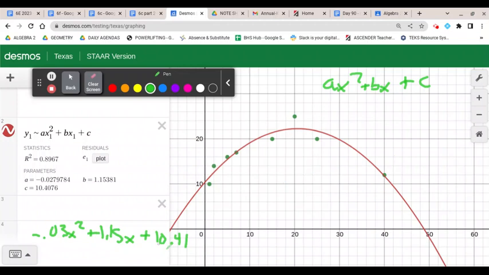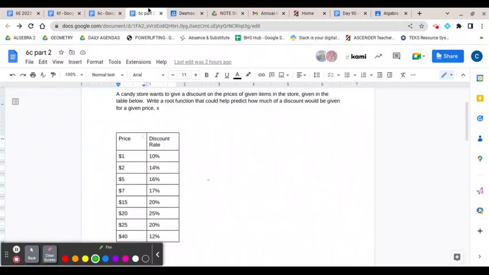Okay, so that is kind of that right there. I'm going to go back and fill in the rest of these notes, and then we'll be done.